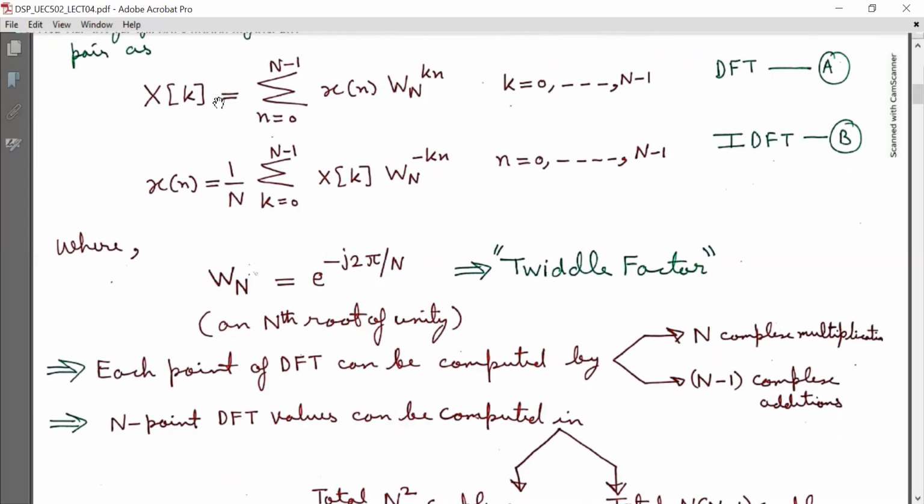Here, each point of the DFT can be computed by capital N complex multiplications and capital N minus 1 complex additions.